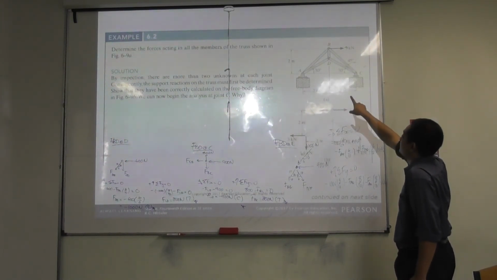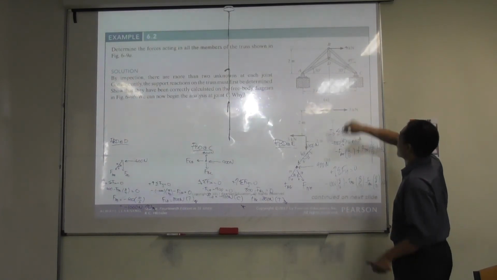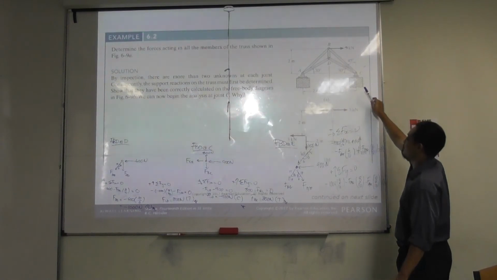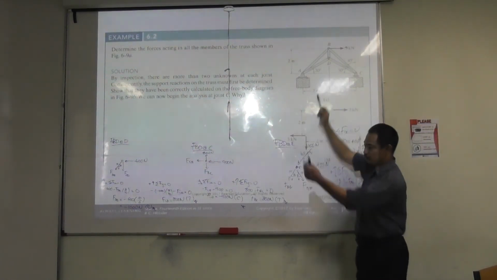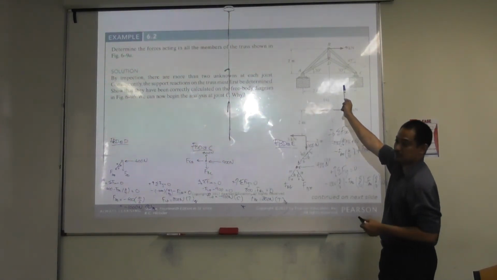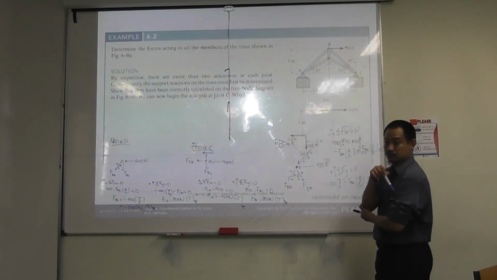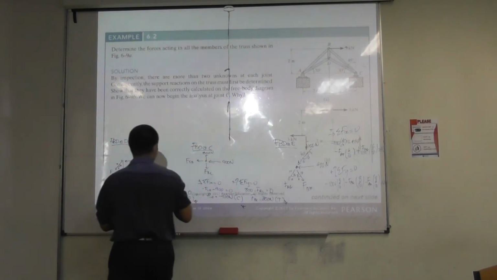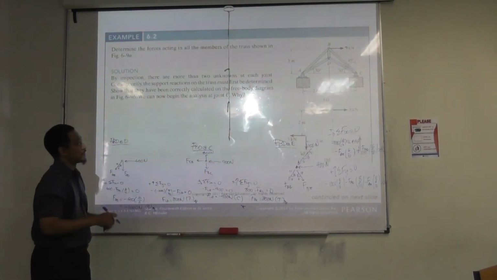There's no way you can solve straight away. At point B, you have how many unknowns? Three, right? So basically, this is an example where you have to solve support action first. What do you need to do? Just go to the chapter that determines support action. Chapter 5, right?